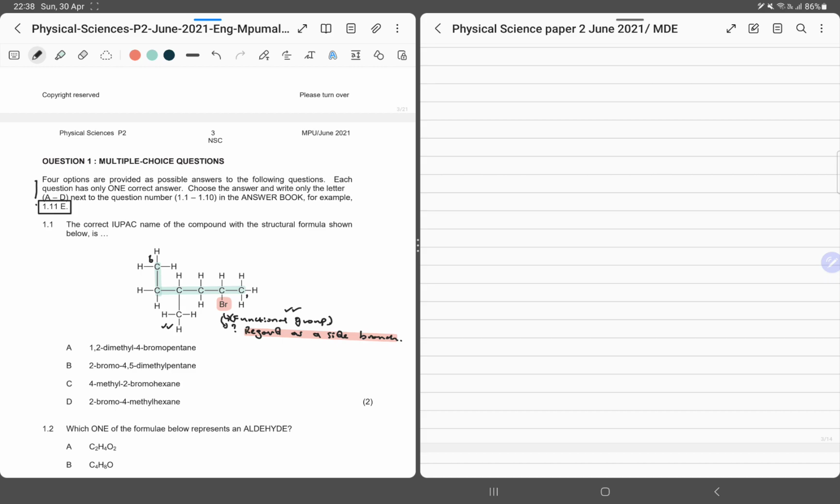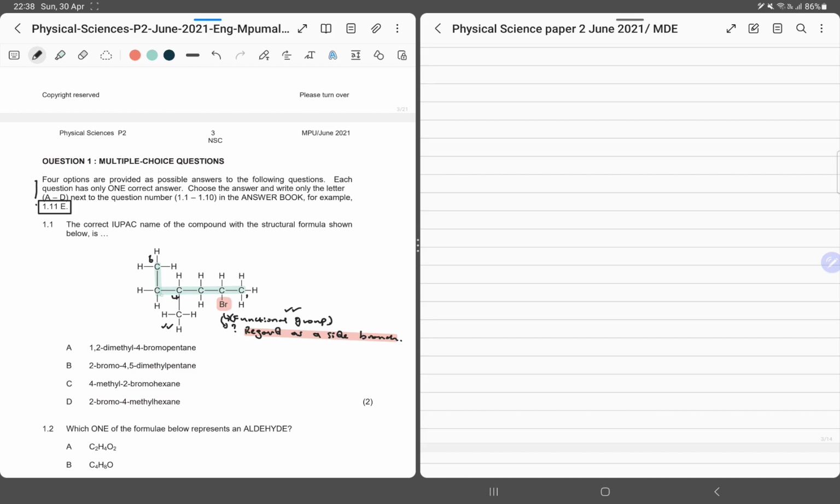So this methyl group is on which carbon? If this is the 1st carbon, this is the 4th carbon. Alright? But like I said, you are told to regard this as a side branch. So again, you always want to have the shortest distance to the very first side branch.